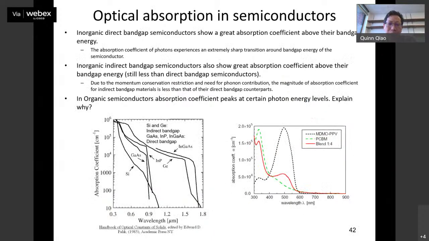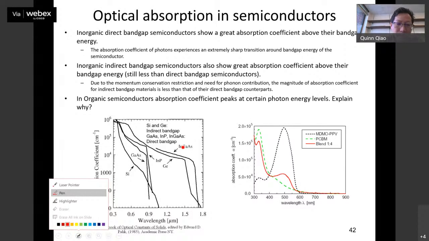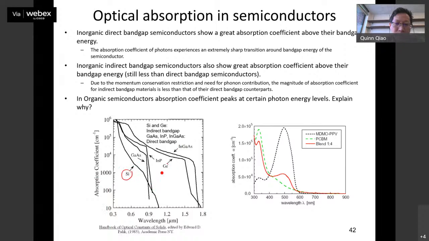Here, if you compare the inorganic semiconductors, look at silicon. This plot is silicon, and germanium is here.